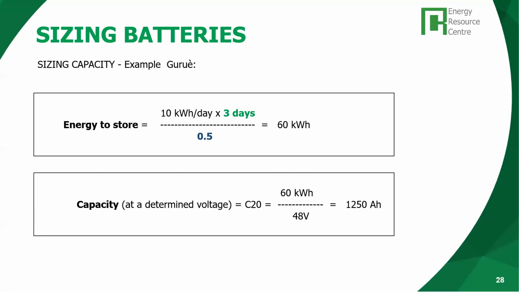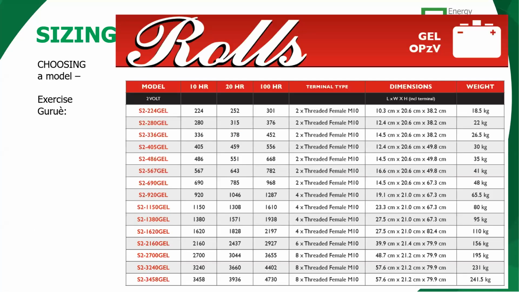So we have this figure here, 1,250 in a capacity C20. So we look in this column here, the C20, the capacity with a discharge time of 20 hours.